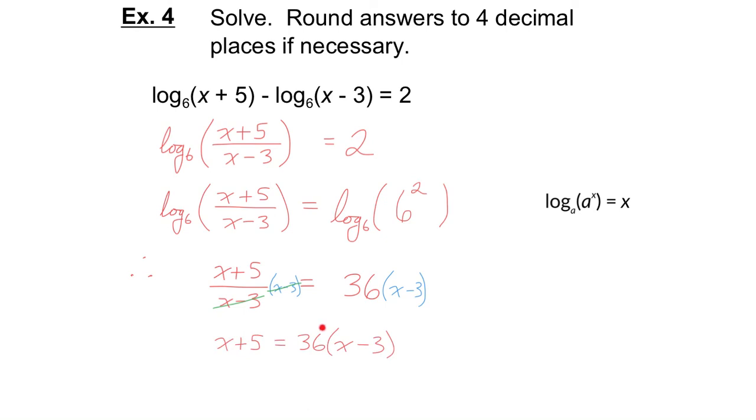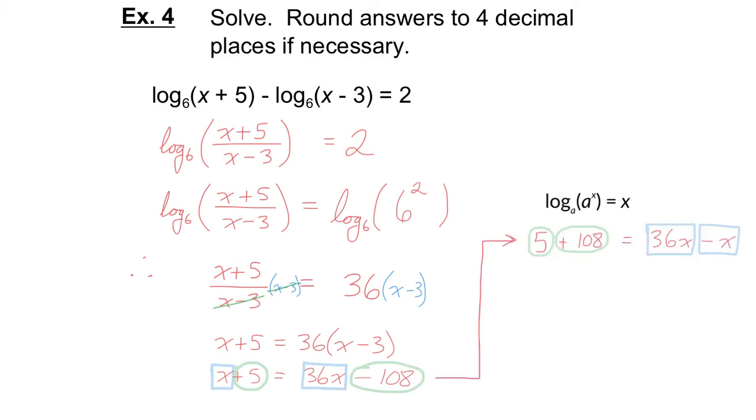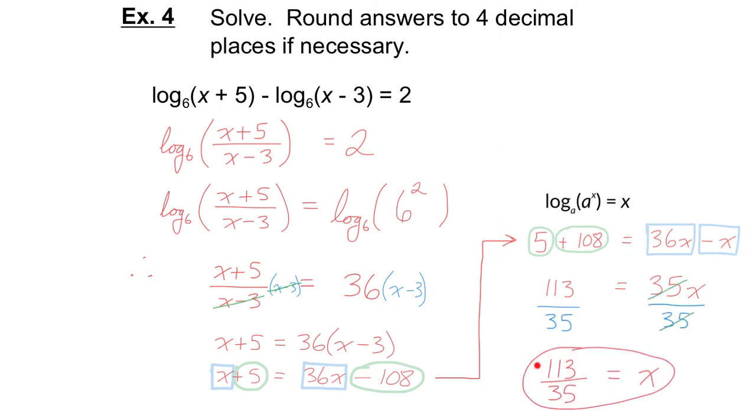Now I'm just going to expand the brackets, group my like terms, simplify, and solve. Now I've left this as the fraction. You could go ahead and put that in your calculator, just round it to 4 decimal places.